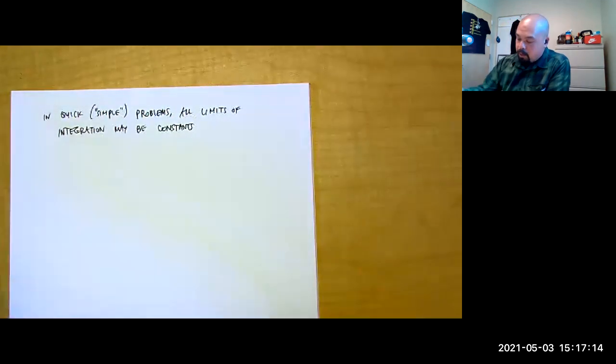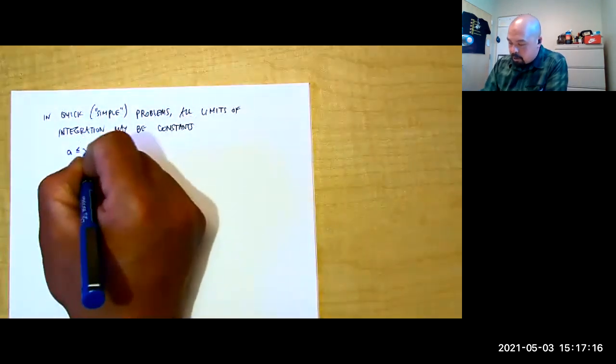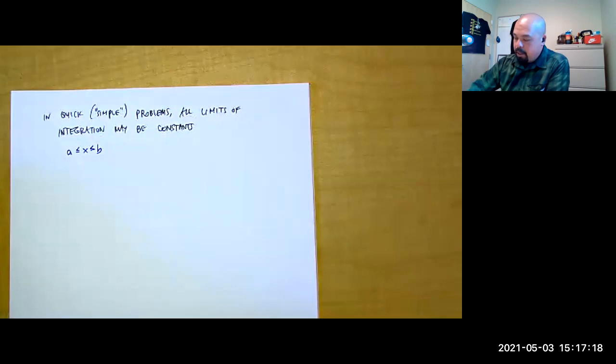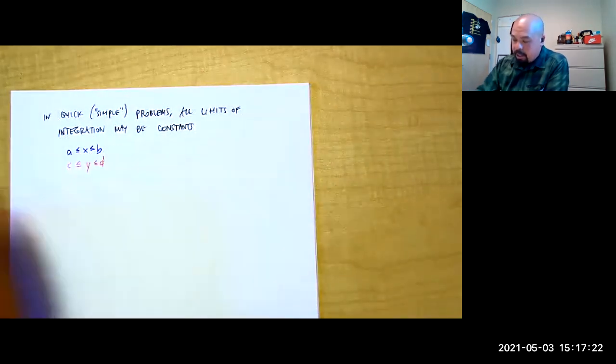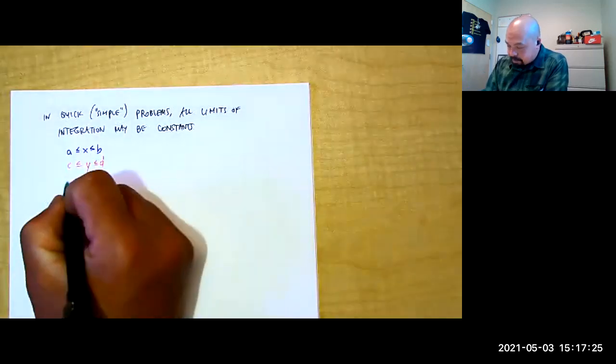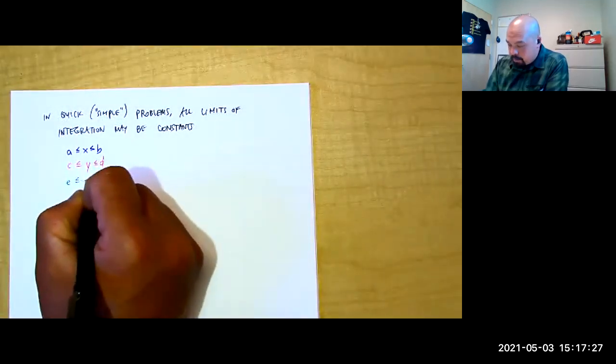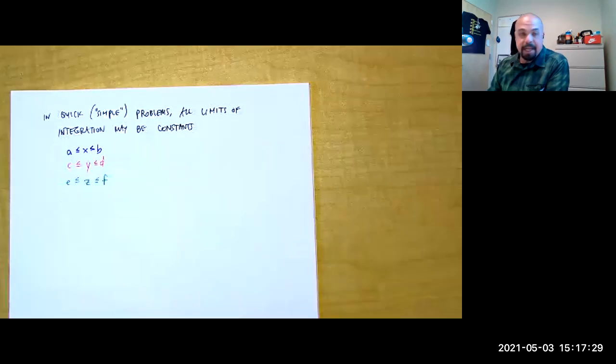So we might get a case when x goes between a to b, y goes between c and d, and then z goes between e and f, let's say, right?